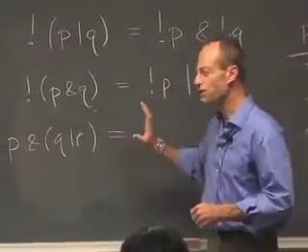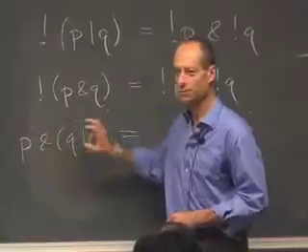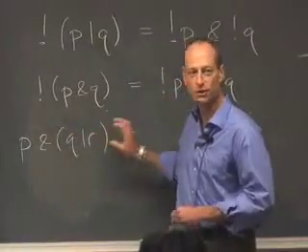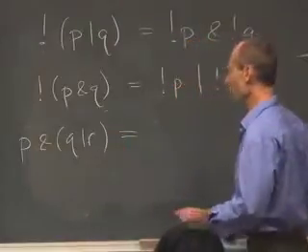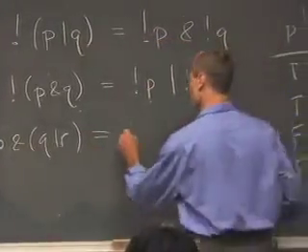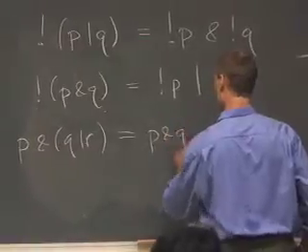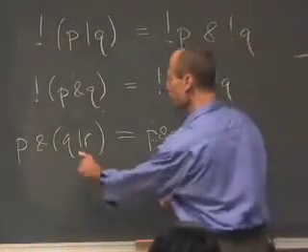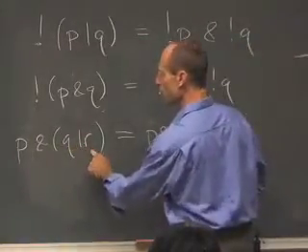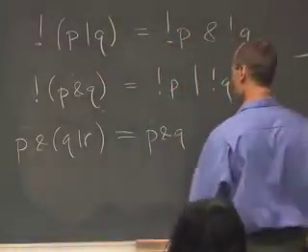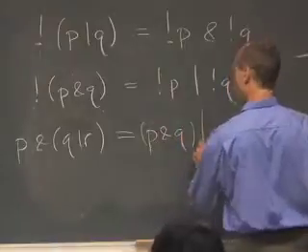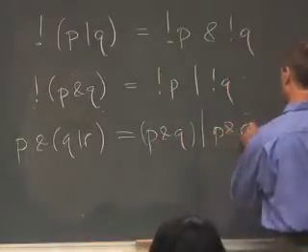This is just like A intersect B union C. It is just like that. So it's either P and Q. This is true if either Q or R is true, but P has to be true no matter what. Right? So this is P and Q or P and R.